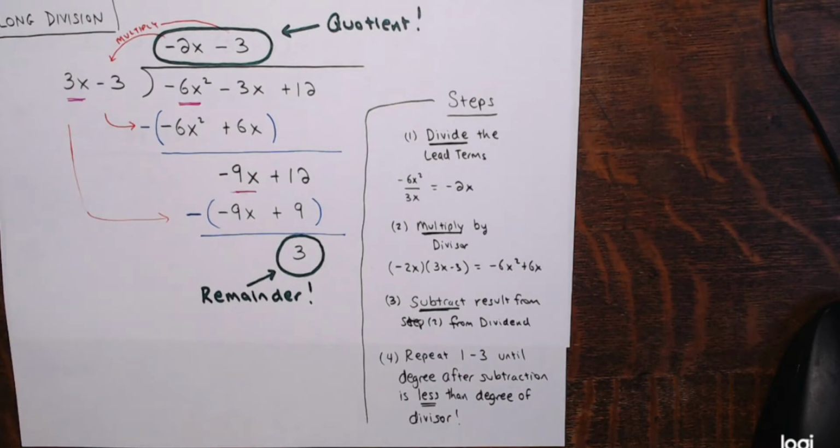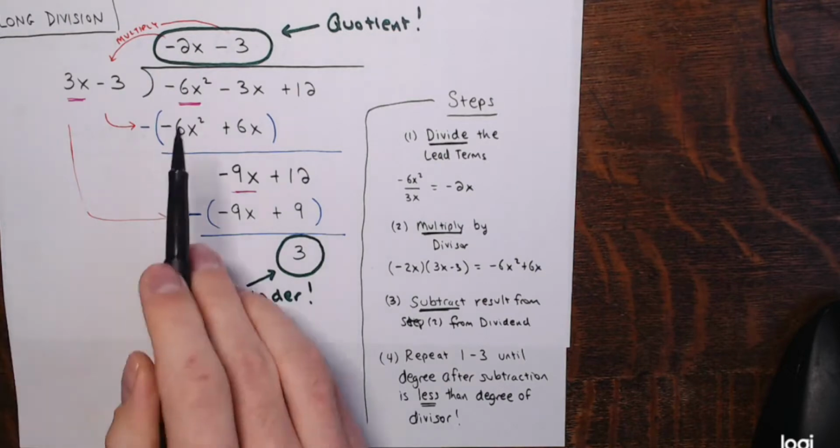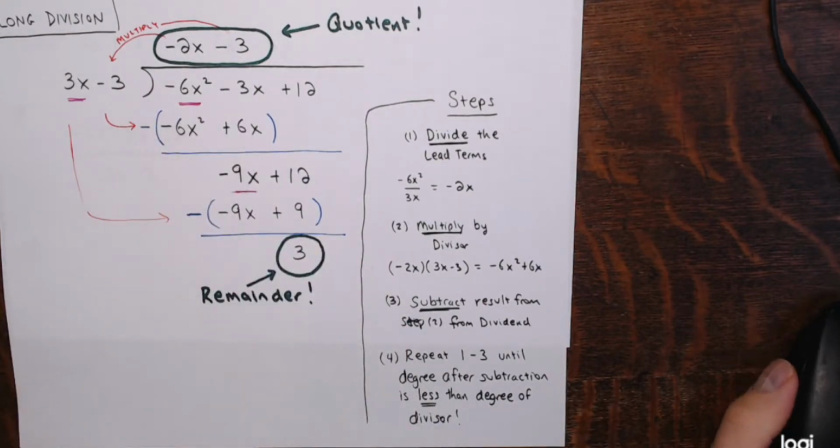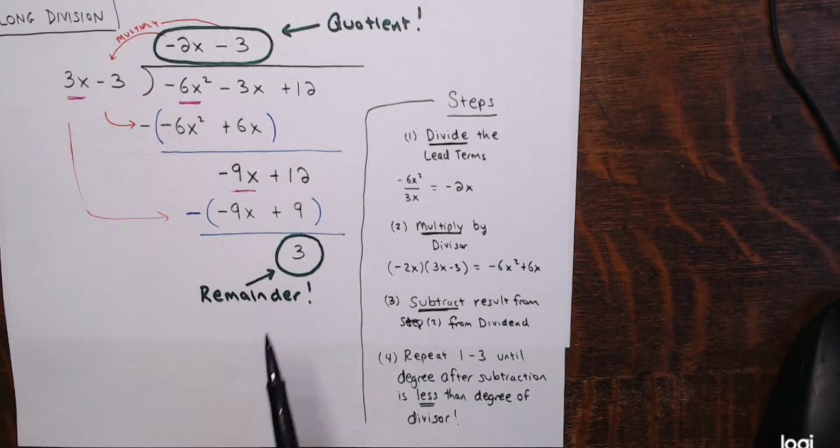So the quotient is negative 2x minus 3. The remainder is 3. Now, how do we express the result of a division problem? All right. So I'll come back to this.